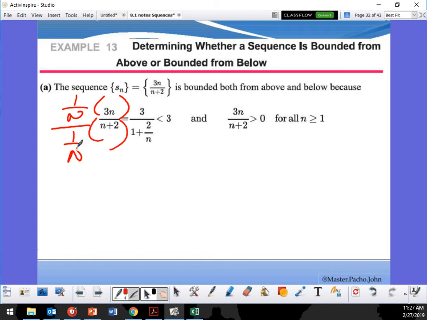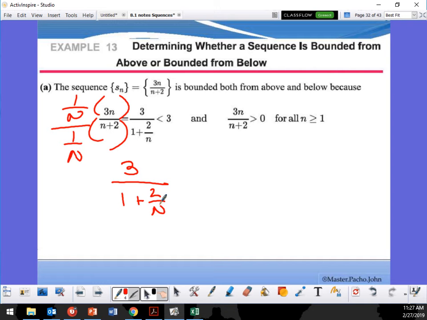What that's going to do for me is cancel out a whole bunch of stuff. It's going to get rid of the n in the numerator. So when I do that, that's how I get just 3 over 1. When I distribute here, that's going to cancel, leaving me with just 1 plus 2 over n.